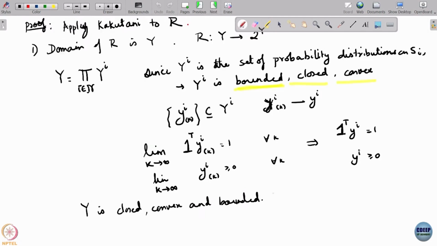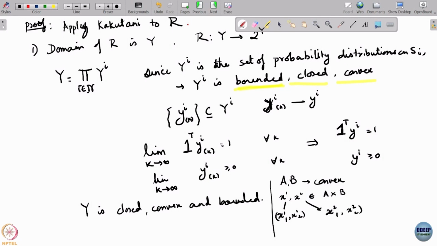I'll just quickly write the proof here. Take any two sets A, B that are convex, and take two points x1, x2 in A cross B. Let us write x1 as x11, x12, and x2 as x21, x22.